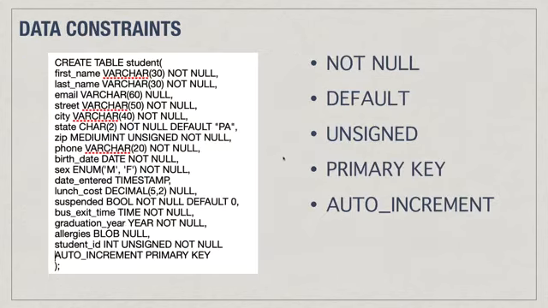Here's some other different data constraints. So you already saw not null. That just means that it must have a value. It can't have a value of null. Default, which you're going to see later, is going to designate a default value whenever a row is created without data. Unsigned means that you cannot use negative values.